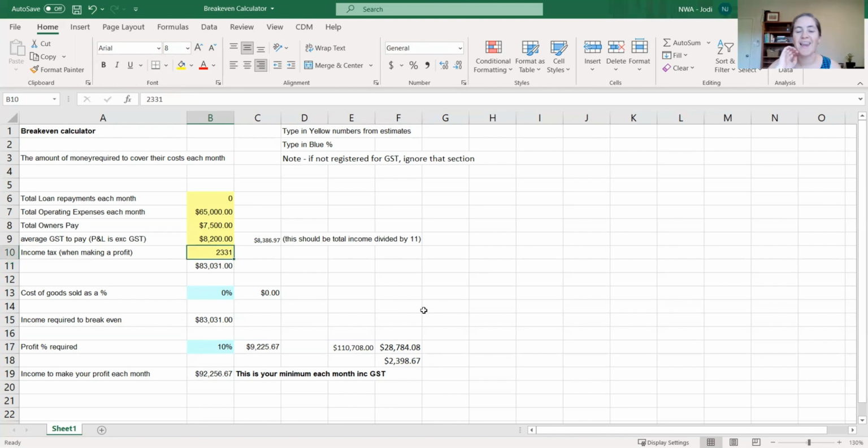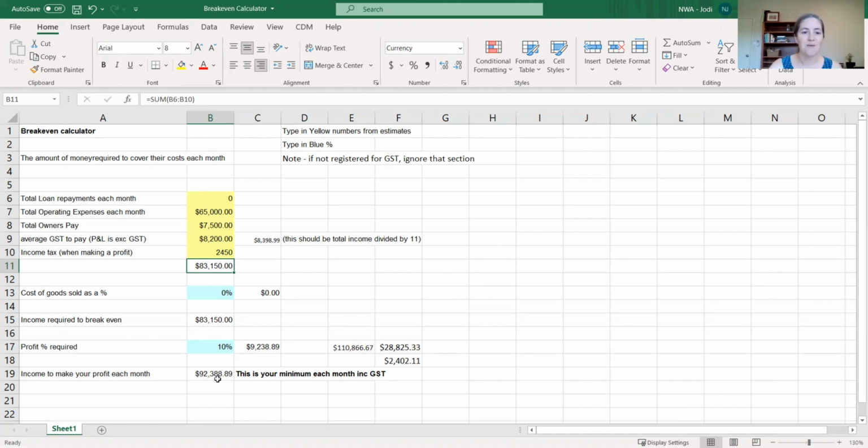So I love being over conservative and going, okay, well, the 2,398 is $2,400, so let's make it $2,450 worth of tax that we'll put aside. And now our tax here is more than the tax that we will pay if we earn a 10% profit on our business. So I like to overestimate.